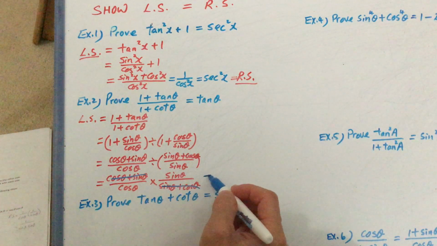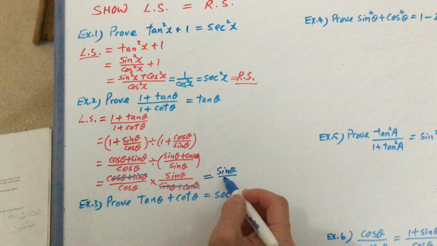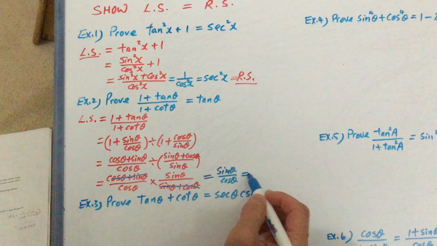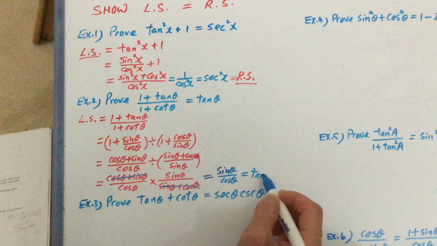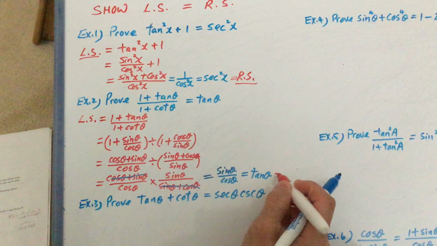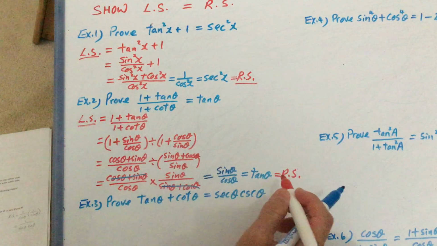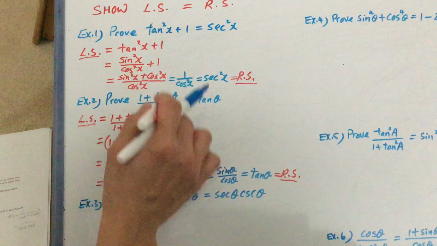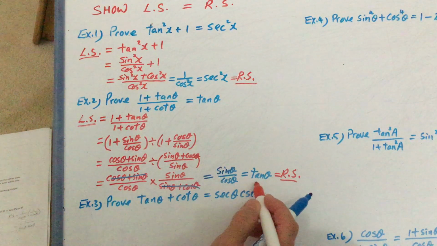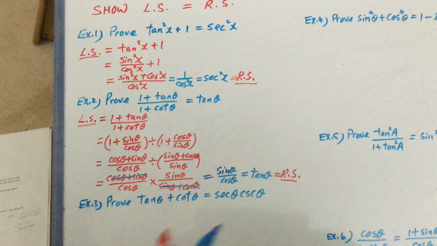What I ended up with is just sine theta over cos theta, and that in fact is equal to tangent theta, which is exactly equal to the right-hand side. So I started with something long and ugly, but I ended up with something simple, one term, tangent theta.